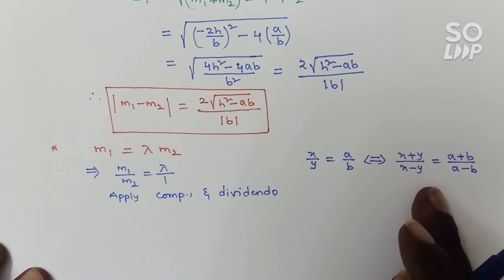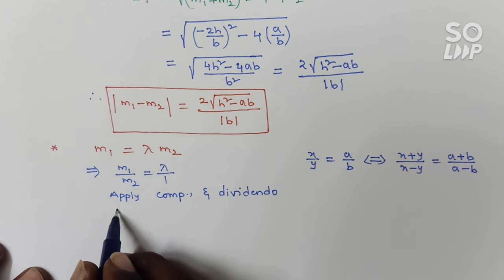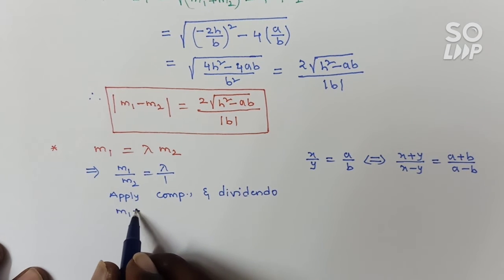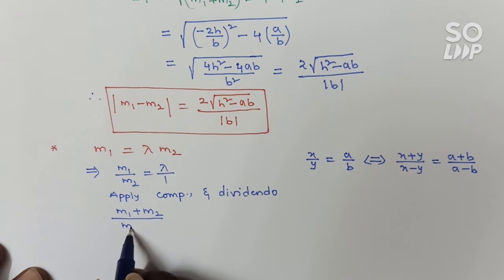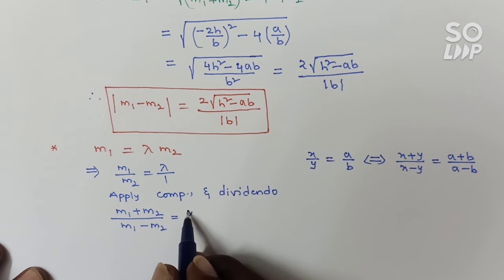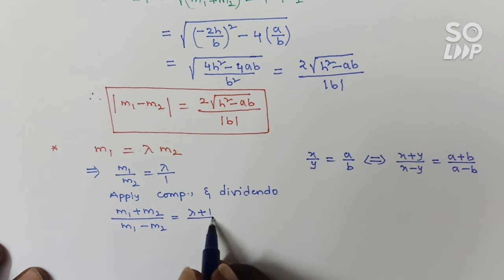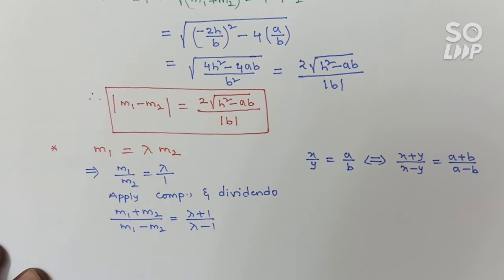So by using this formula, we can write that m1 plus m2 whole divided by m1 minus m2 is equal to lambda plus 1 whole divided by lambda minus 1.